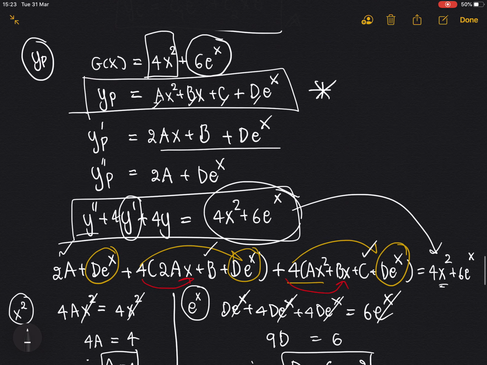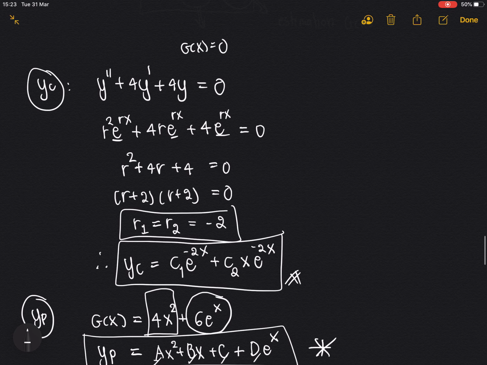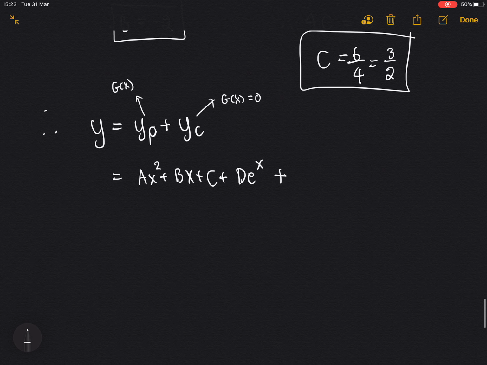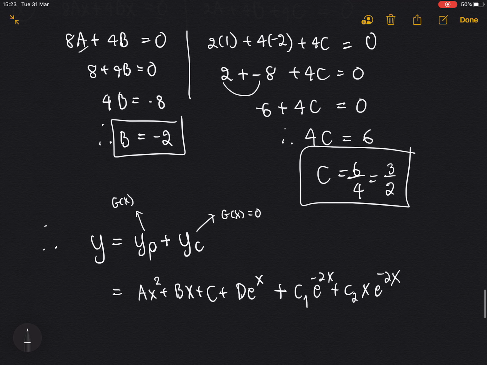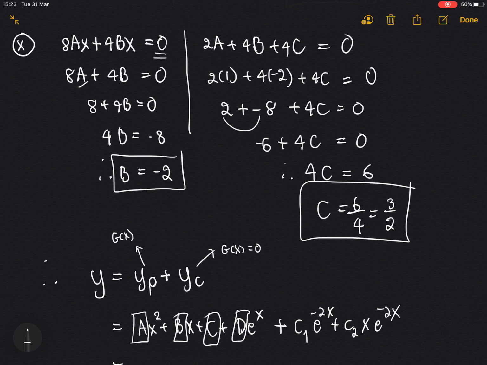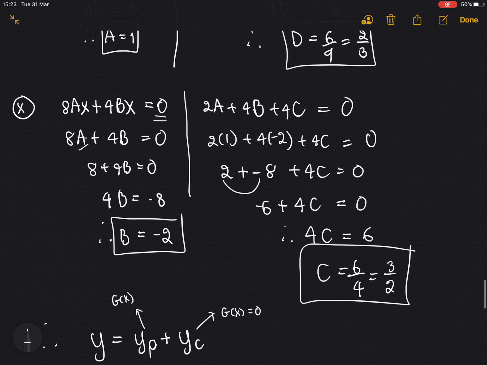So yc, we have already found at the beginning that it is equivalent to c1 multiplied with the exponential of minus 2x plus c2x multiplied with the exponential of minus 2x. Right. Then you have to substitute the values of a, b, c, and d back into the yp function, and after that you will know the solution for the second order linear differential equation.